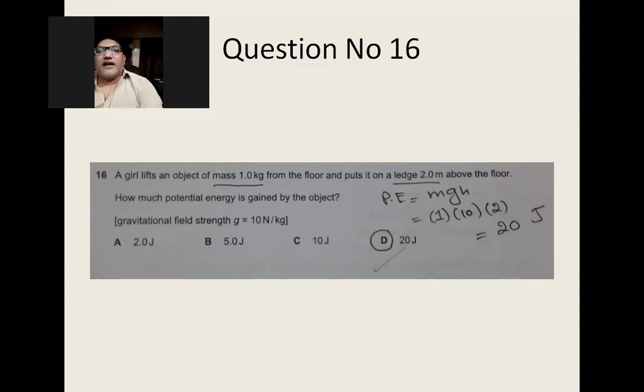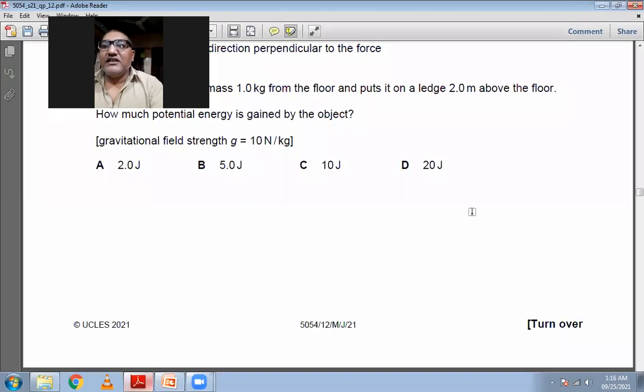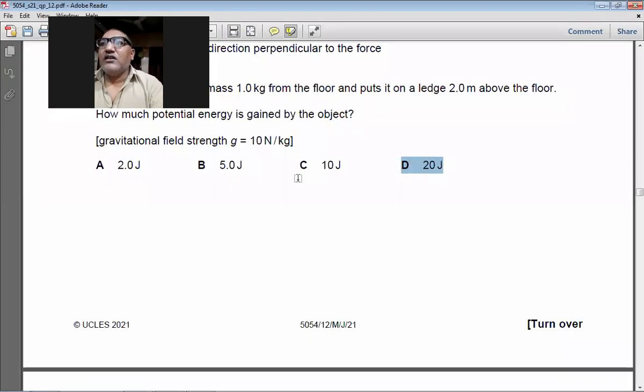So when you multiply them, 1 multiplied by 10 multiplied by 2, that will be 20 joules. So the gain in the potential energy will be 20 joules. So D is the right option. Question 16, D, 20 joules is the right option, sir.